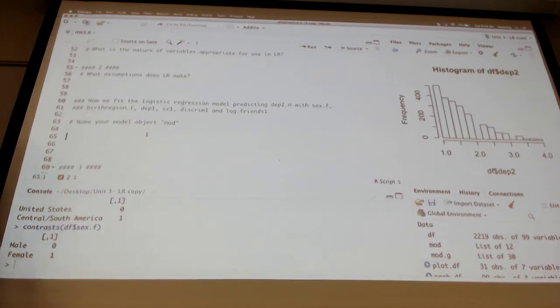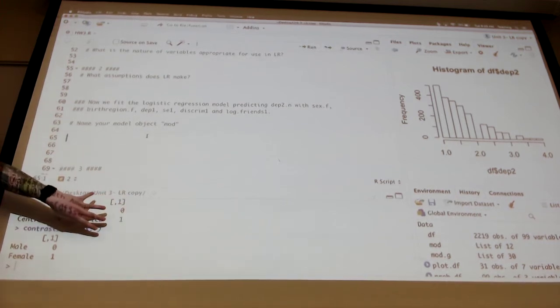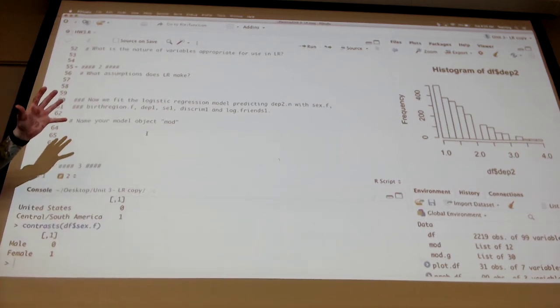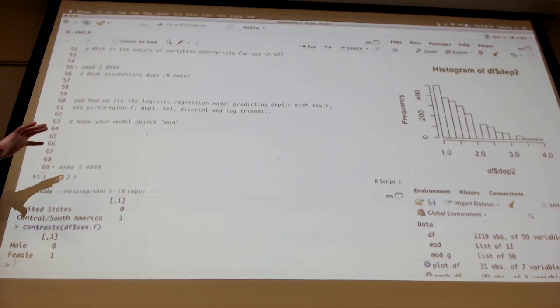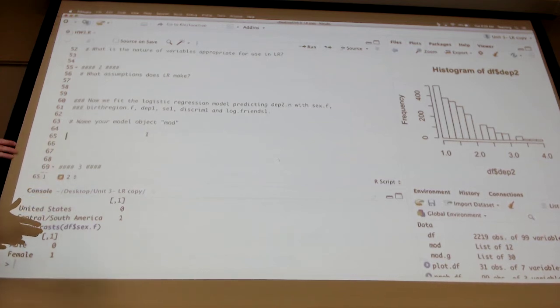Could you say the last assumption one more time? The ratio of the number of observations you have and the number of predictors that you're using has to be sufficient. You can't use too many predictors if you don't have enough participants. Are you familiar with chi-square tests? In chi-square tests, you technically shouldn't be interpreting your chi-square if any cell is less than 5.